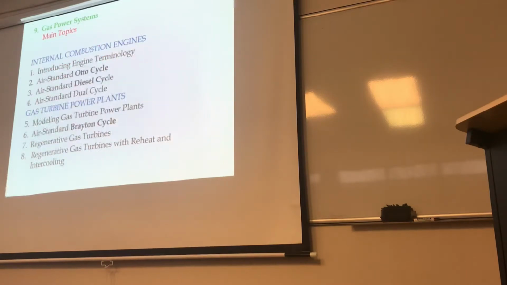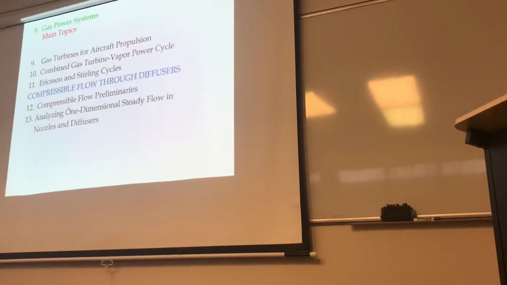As I indicated before, this chapter is fairly long. In fact, we only covered these 2 sections last week, so we got a long way to go. So we'll do internal combustion engines, then we'll do gas turbine power plants, and from there we'll go on to some compressible flow preliminaries.